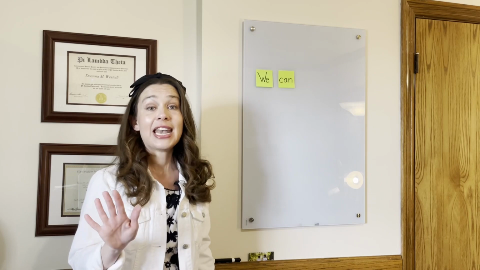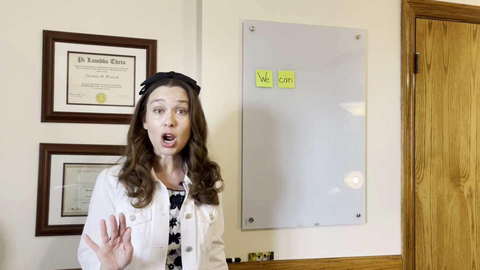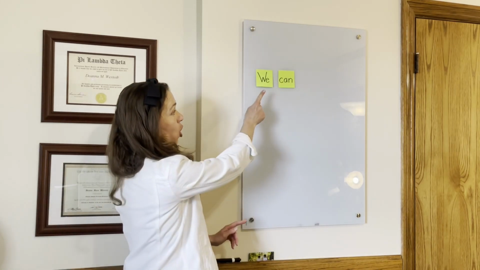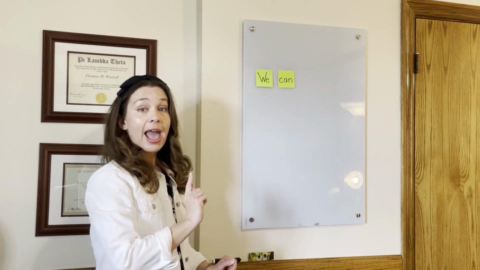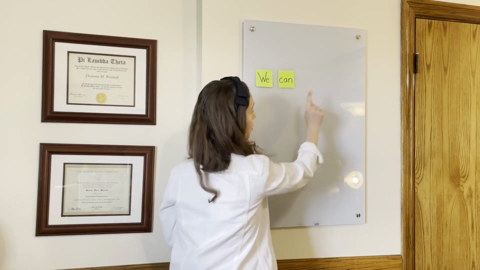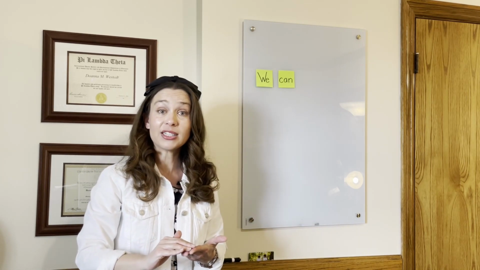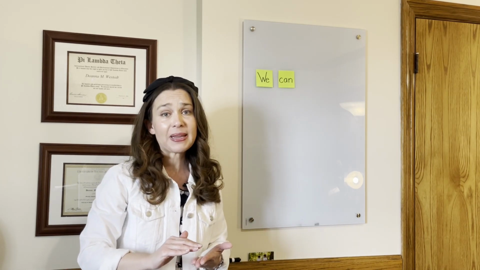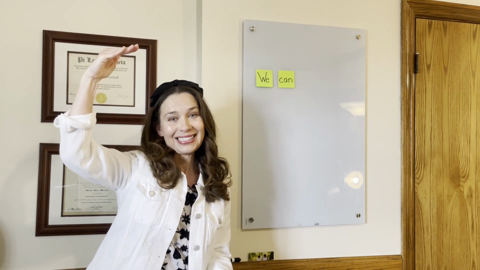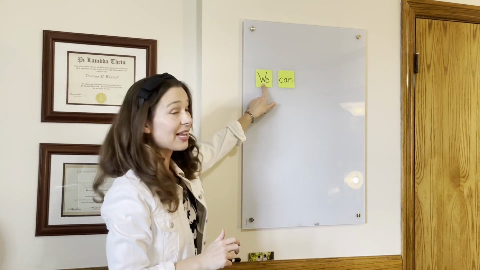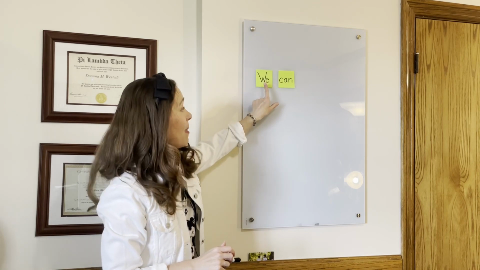All right. Now remember, when we start our writing, we always start over here, and we go this way. All right? And the first letter in our sentence must always be in uppercase. So do you see my uppercase W in my word we?